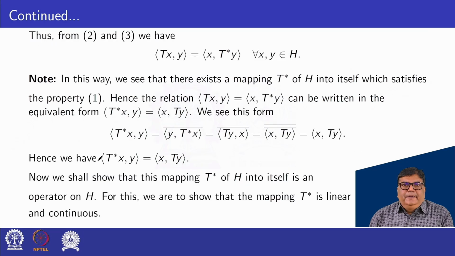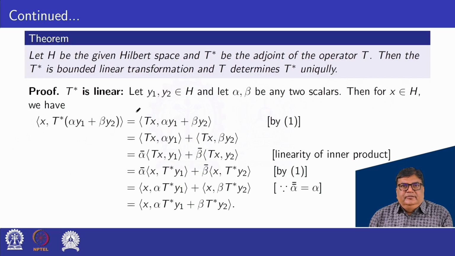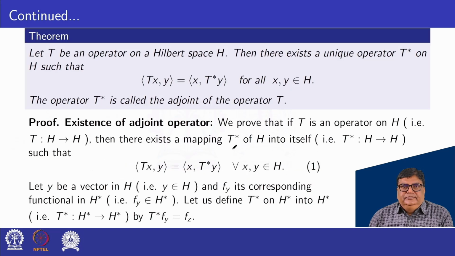Let us prove T star is linear. Let y1, y2 belonging to H and alpha, beta be any scalars. Then for x belonging to H, we have inner product of x and T star (alpha y1 plus beta y2) equal to inner product of Tx and alpha y1 plus beta y2, as per equation 1.